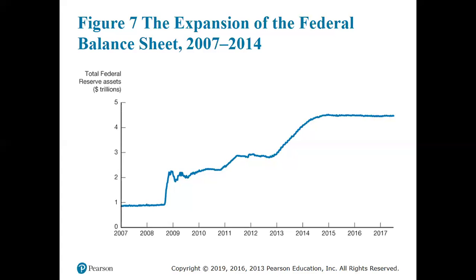Anything that could be done to lower those rates, again, to help encourage consumer spending and business spending. The Fed was actively involved, and as we can see, their balance sheet went from under $1 trillion to over $4 trillion by 2015.